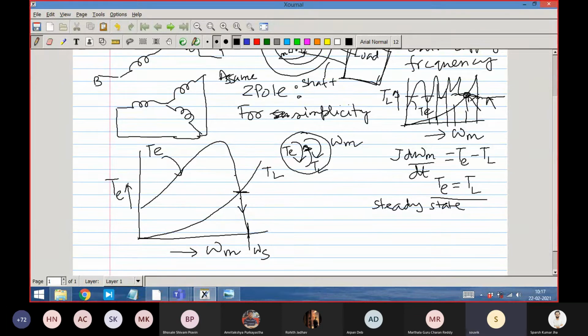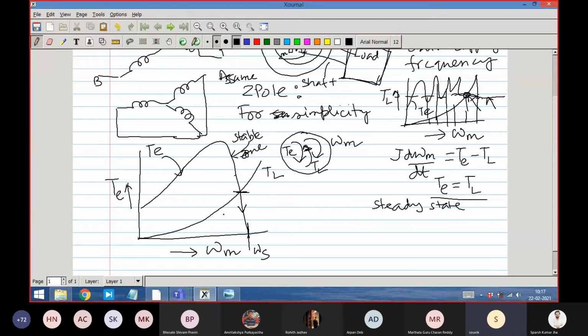It is more, but the more speed you are increasing, the slope is negative. So this is the stable zone of the torque production. Because the slope is negative, it will reach it and stay there.